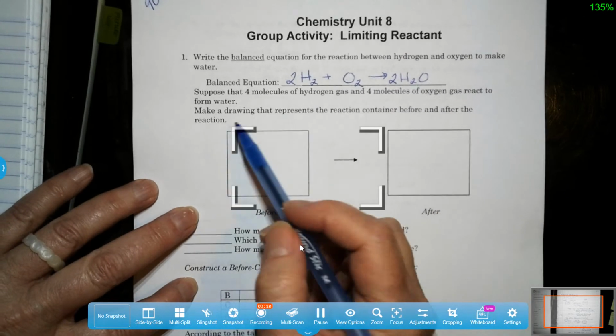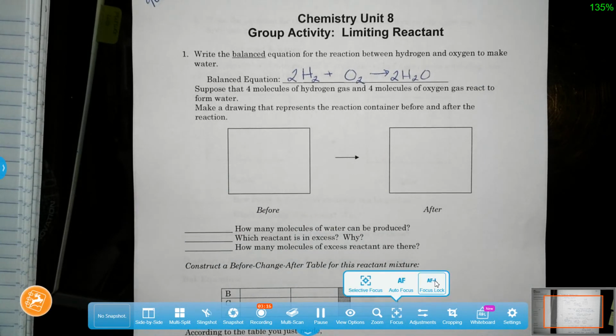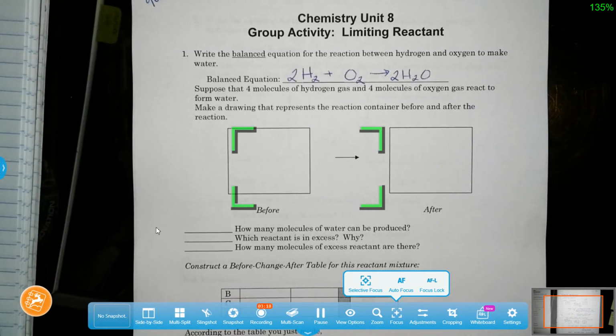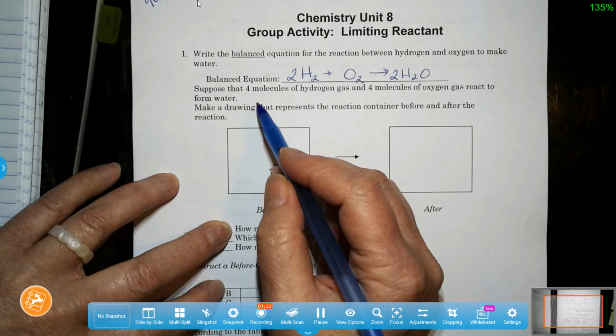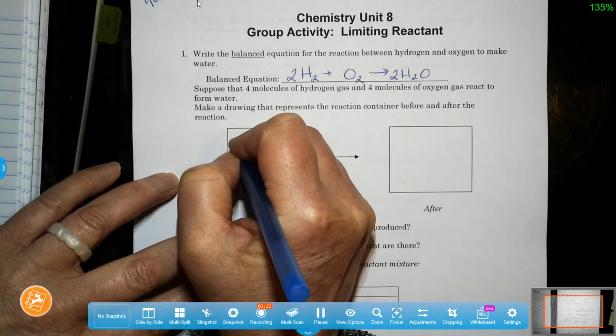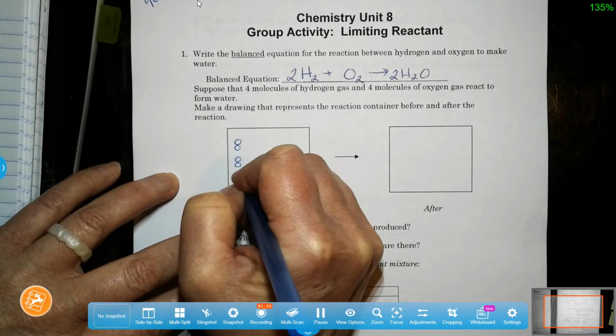So what you should have done next, let me zoom. Let me lock this focus here so it doesn't keep doing that. Okay, so you should have drawn 4 molecules of hydrogen. Remember, they're diatomic, so I'm going to draw 4 of these.